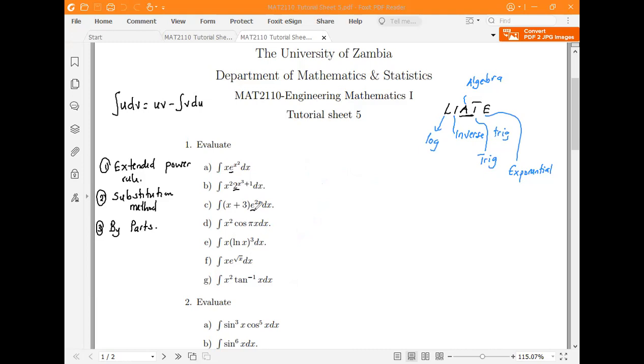But let me leave f for you to try, so you do f as an exercise. Of course, you can't think of substitution because the derivative of x to the power half is not x. It is something else, so you have to use integration by parts.